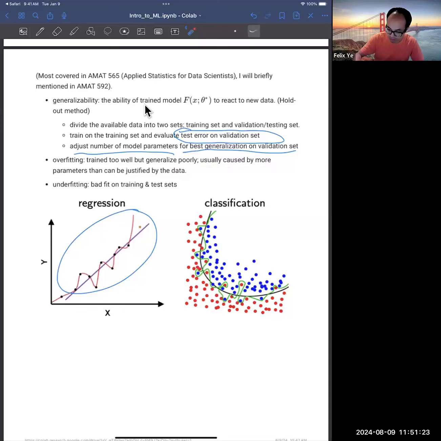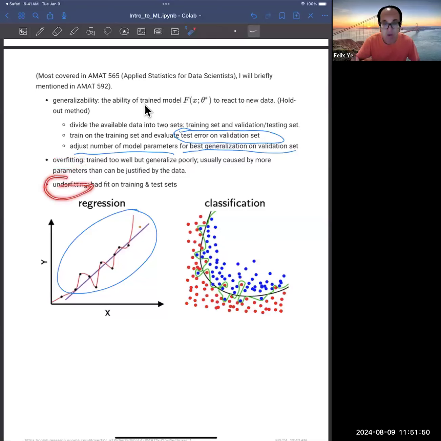You can see right here, we don't actually need such a complicated polynomial. We could probably just use linear regression, and that would be okay. That's why it trains very well but generalizes very badly. So this is the region of overfitting. When you see those kinds of complicated curves, it's likely to be overfitted.